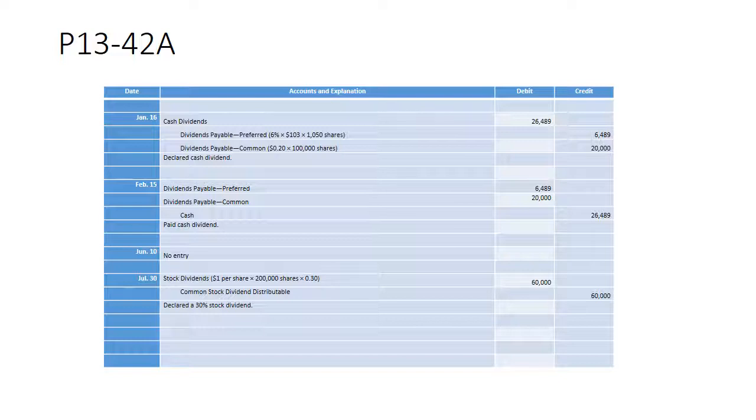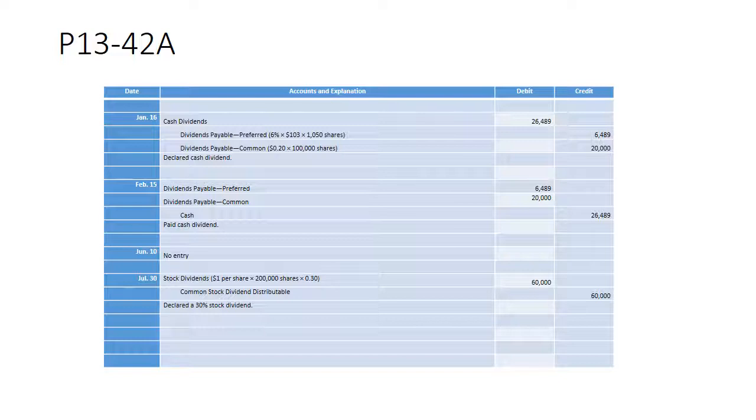So we would take the $2 par value of the common stock divided by 2, it will now have a $1 par value. Companies declare stock splits to put more stock into the stock market, and this tends to lower the market price of the stock so that it becomes more marketable to people who don't have a lot of money to invest. More people have access to the stock.